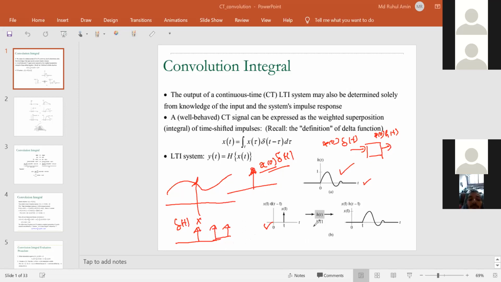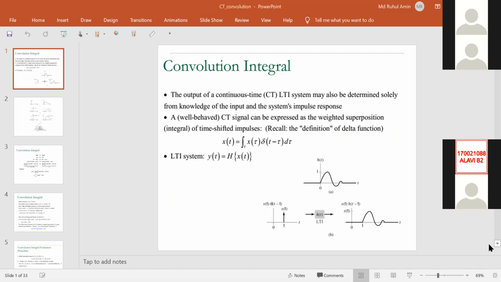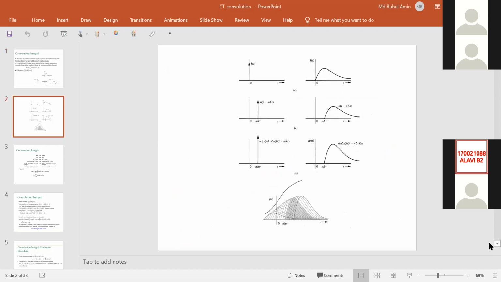In this way, those impulse responses can be added together, like in the discrete time case, to find the total output of our system. This concept is similar to the discrete time case, but here, instead of a sum, we will be using an integral, as our shift is continuous rather than discrete.